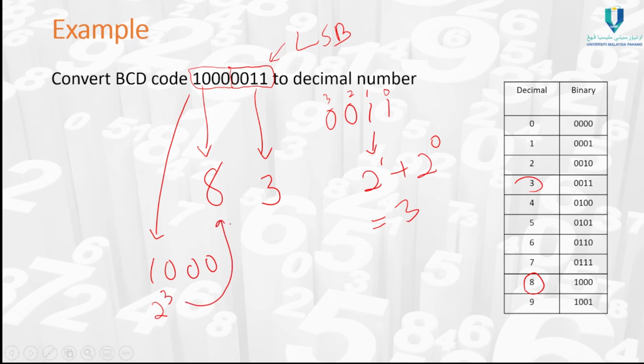The most important thing to remember when converting BCD to a decimal number is that we're not going to convert the whole thing. We're going to convert it 4 bits by 4 bits, starting from the LSB. No matter how many bits, whether 16 or 20, we can still convert it into a decimal number by using this method.